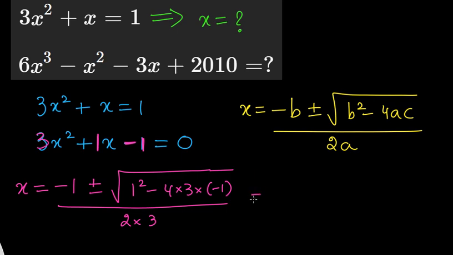So let's see what we get if you evaluate this. This is minus 1 plus or minus what is inside the square root. Let's do it in our mind. 1 square is 1, 4 times 3 is 12, and we have a minus into minus, right? That will become plus. So ultimately this is nothing but 1 plus 12, that is 13. So we get minus 1 plus or minus root 13 upon 6.